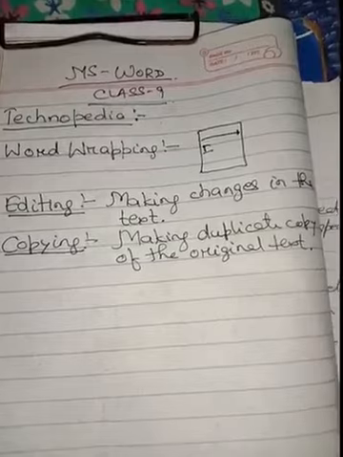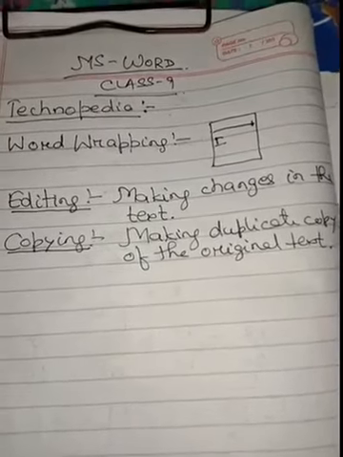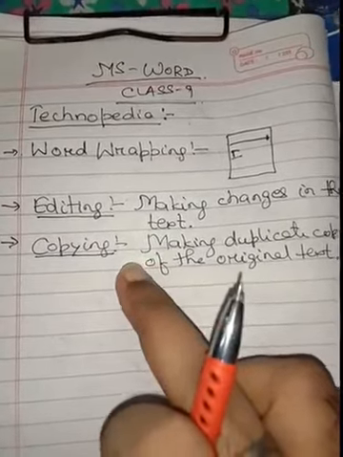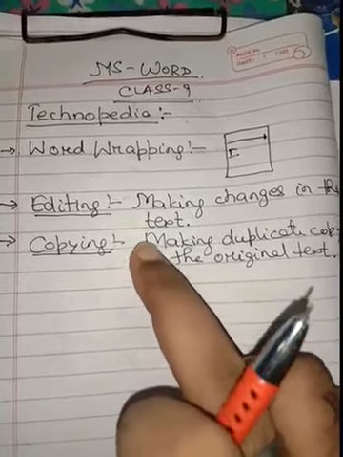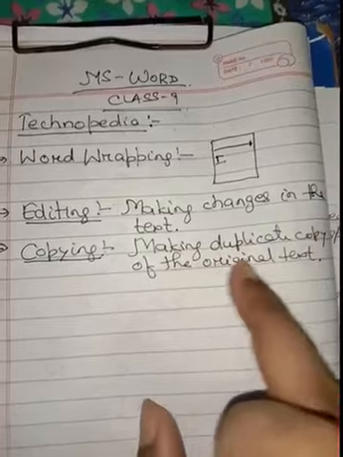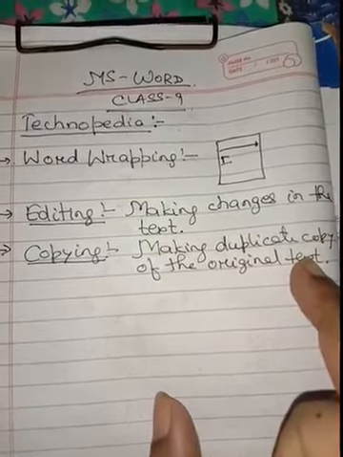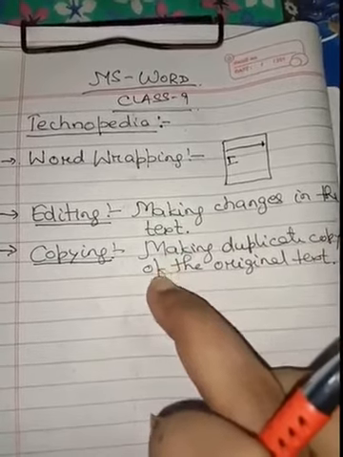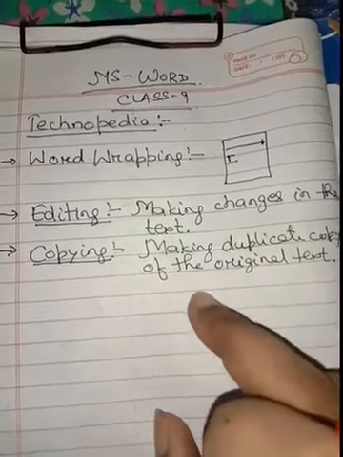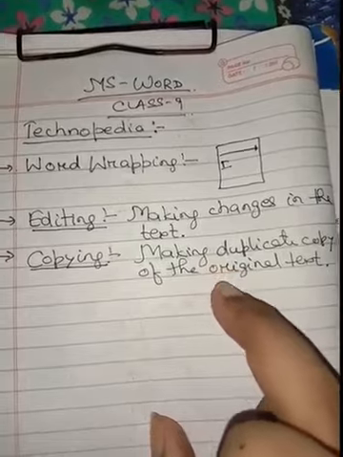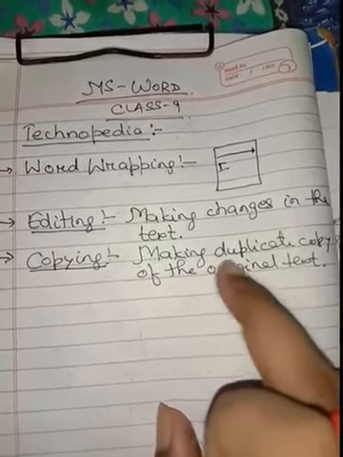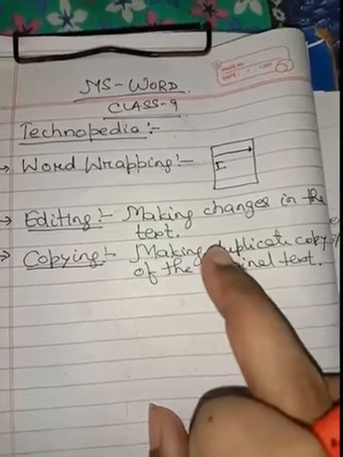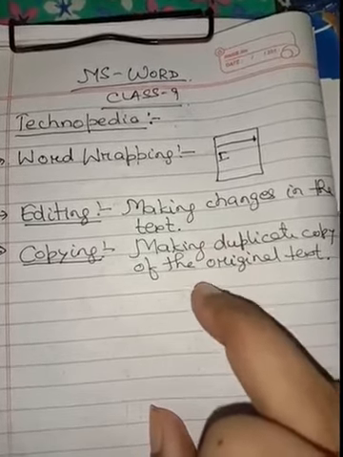So one thing more, in order to copy any of the text, what we have to do? First of all, with the help of mouse or keyboard, select the text that you want to copy, and after selecting the text, we can copy the text. You can use the shortcut key like Ctrl+C, or can right click on the mouse and then select copy, or can go to the edit option, and from there you can select the copy.